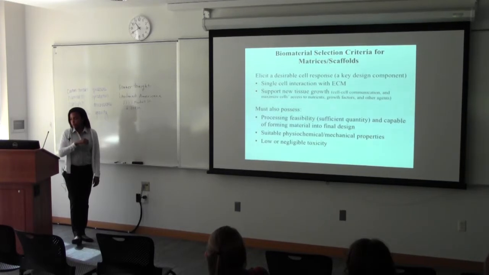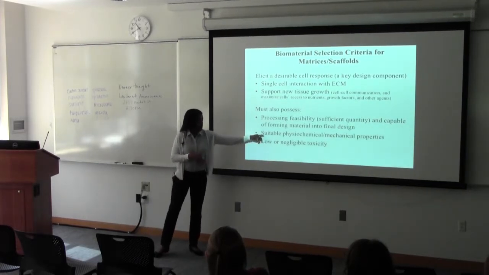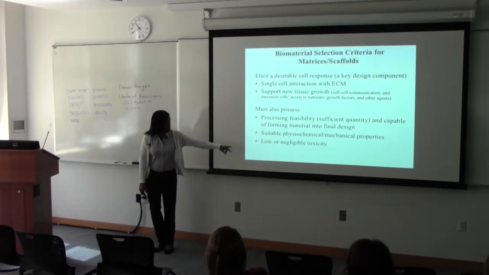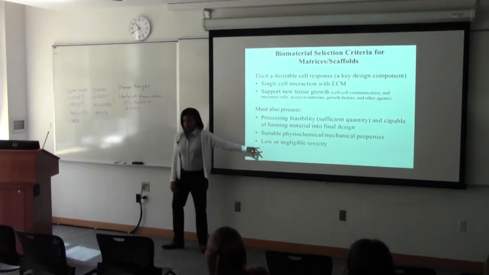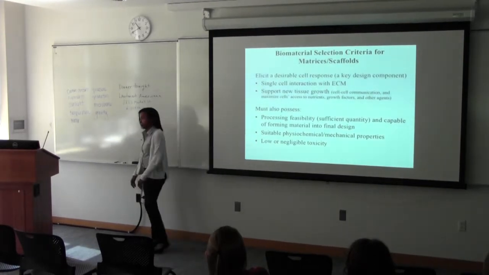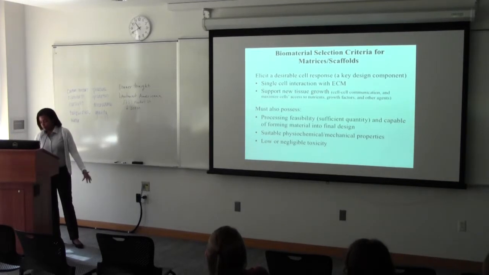Because with your processing, you can lose a lot of that, so it's about developing processes that can give you or retain some of that. And then hopefully you don't want to kill your cells. Maybe if it's cancer stuff, maybe you do, but generally you don't. So your materials, after you process them, need to be non-toxic.